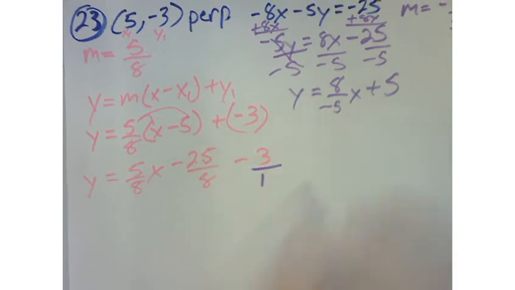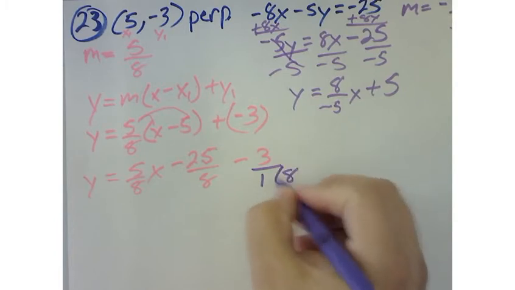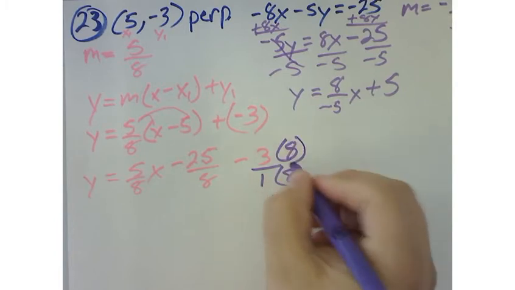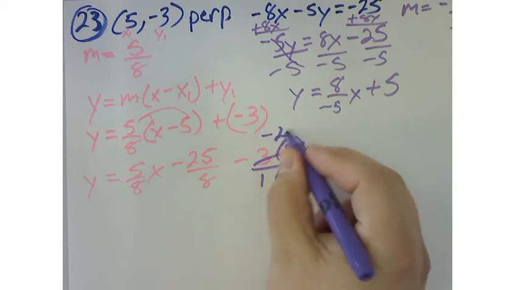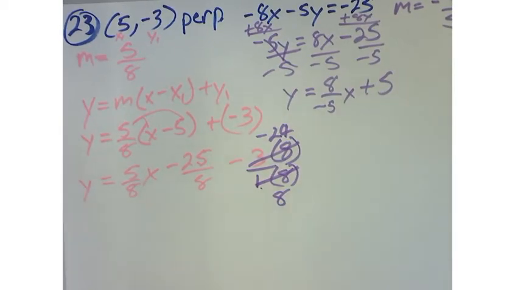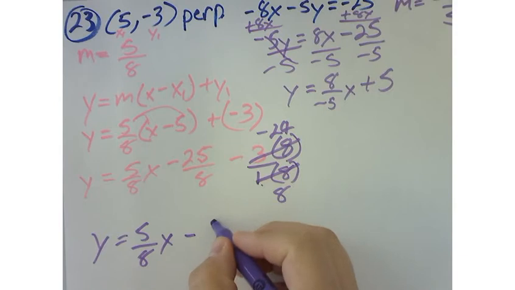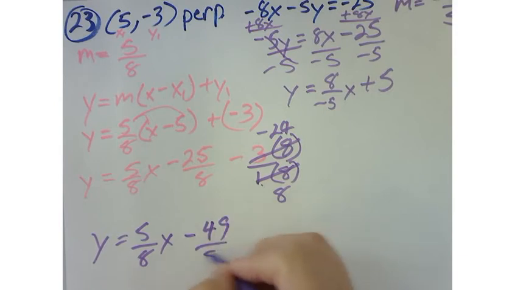So this is really 3 over 1. If I use the common denominator of 8, I'm going to multiply the top and bottom by 8. So this becomes -24 over 8. So what do I have? y is equal to 5/8 x minus 49 over 8.